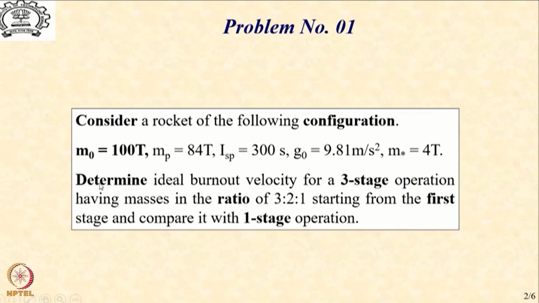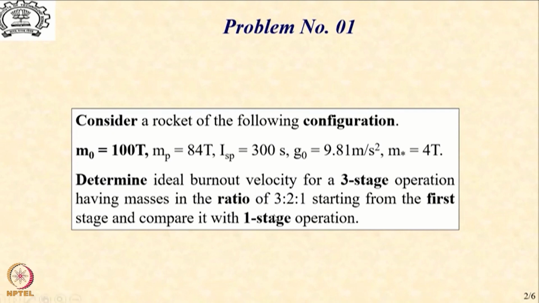Our task is to determine the ideal burnout velocity for a 3-stage operation of a very specific configuration in which the masses within the stages, excluding the payload mass, are in the ratio of 3 to 1.